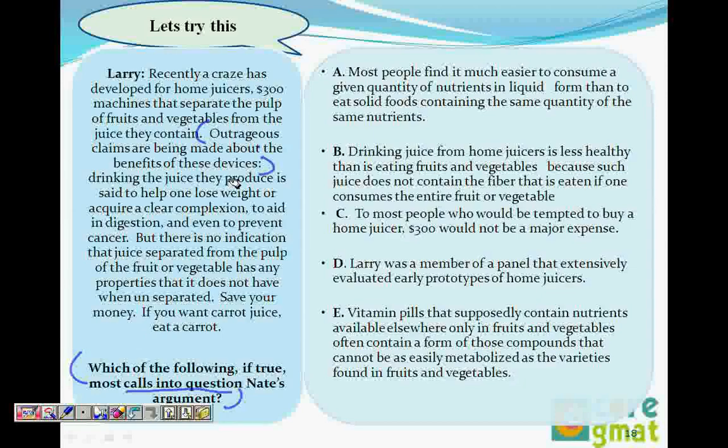So now my conclusion is, if you want carrot juice, eat a carrot, at the end. Why? Because of all these things. If you're not very sure of the conclusion, then what you can also do is a why test.